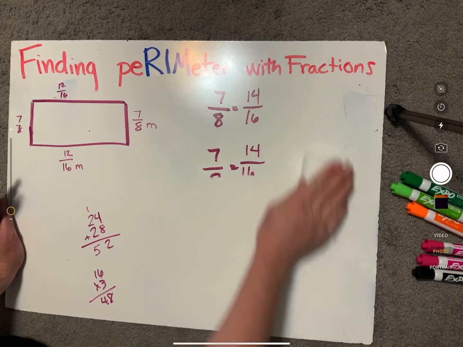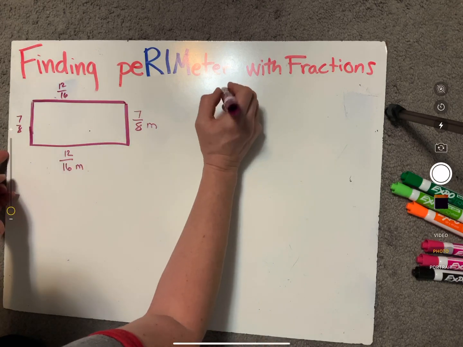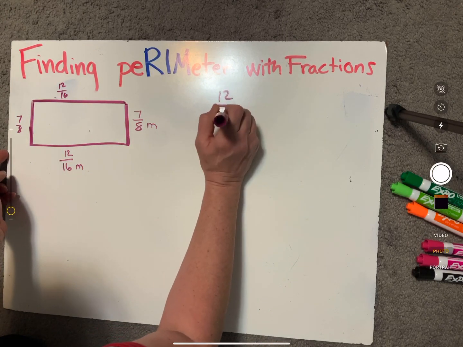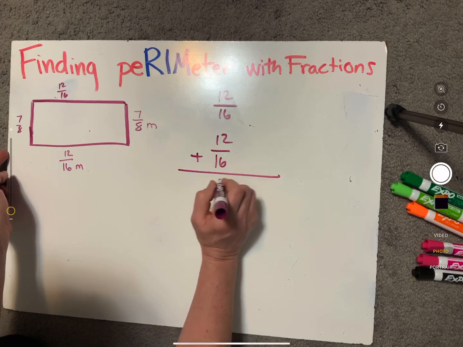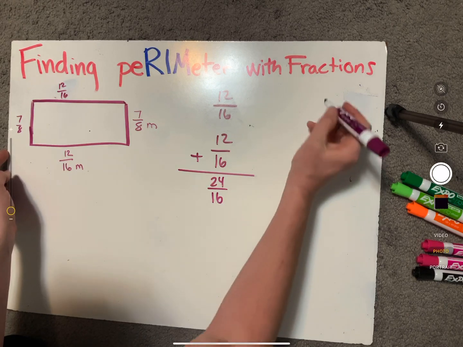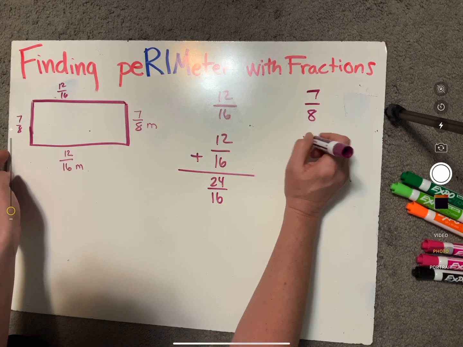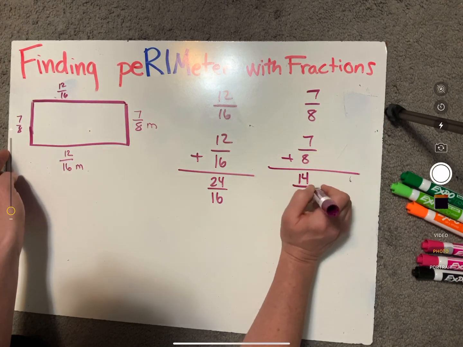Okay, let's try it the other way. So let's try it with the 2 similar sides being added up. So 12/16, 12/16, that's going to end up with 24/16, right? And then over here, if we have 7/8 plus 7/8, we're going to end up with 14/8.